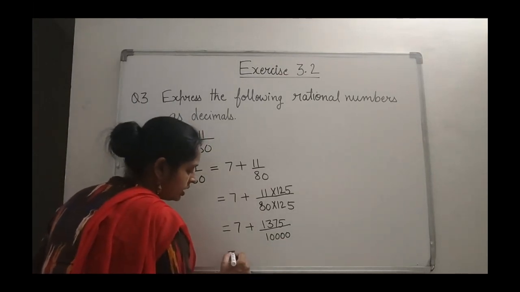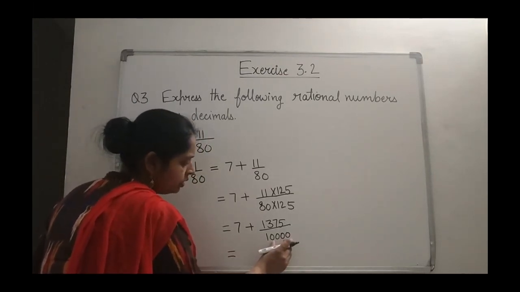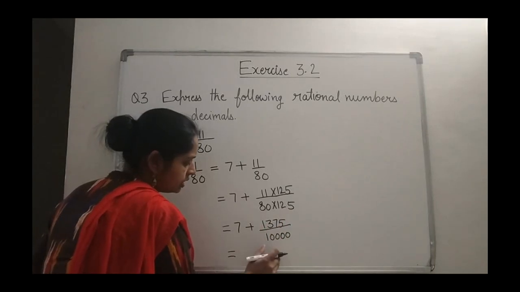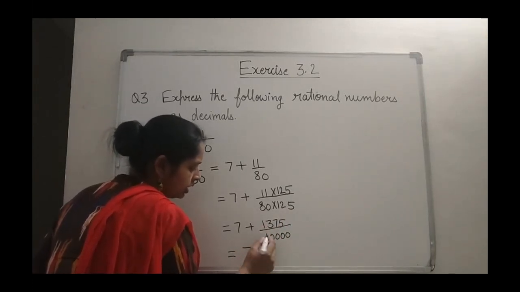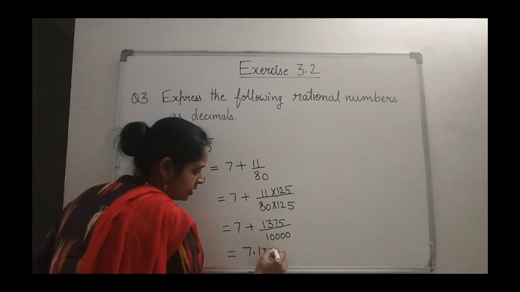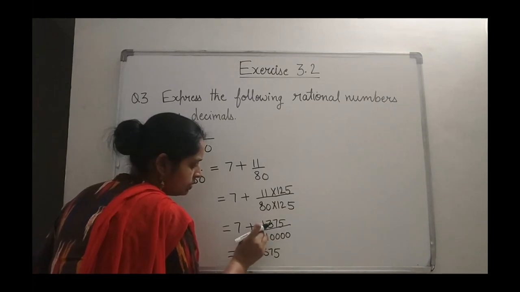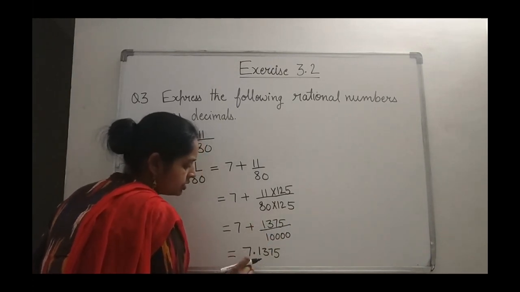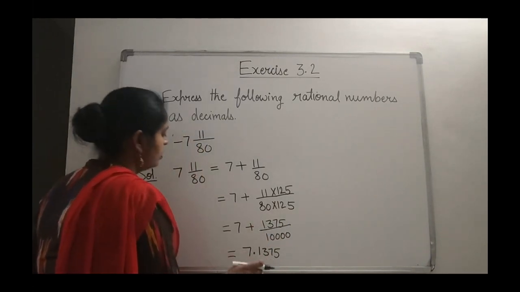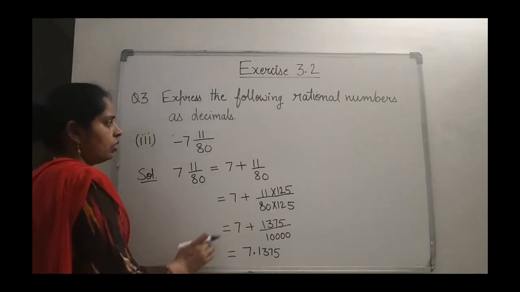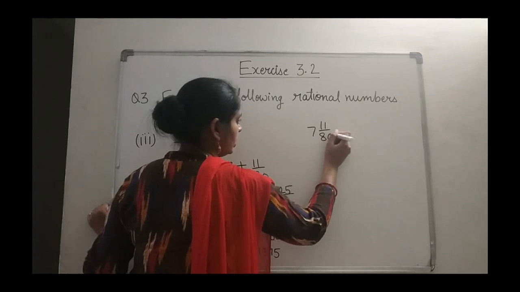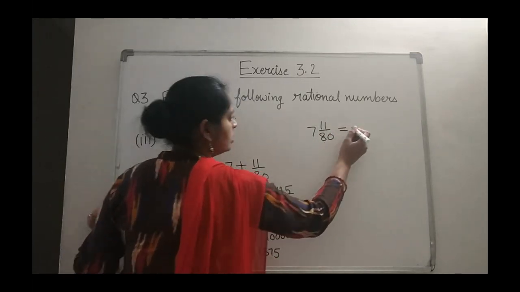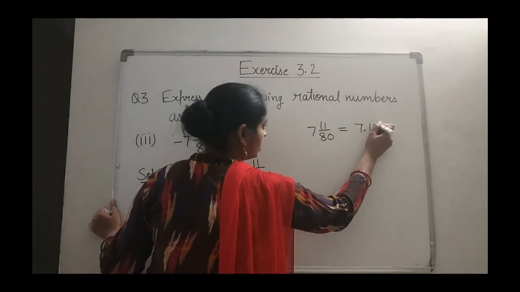Now in decimals, we need 4 decimal places. So 7 point, what answer do we get? 1375, because we have 4 decimal places, so the decimal will be kept here only. Your answer is 7.1375. So from here you got 7, 11 upon 80 is equal to 7.1375.